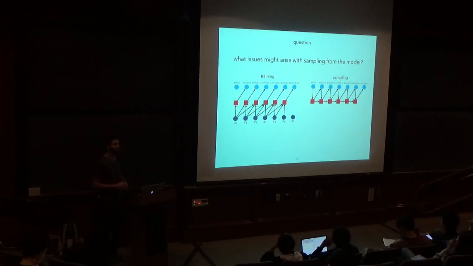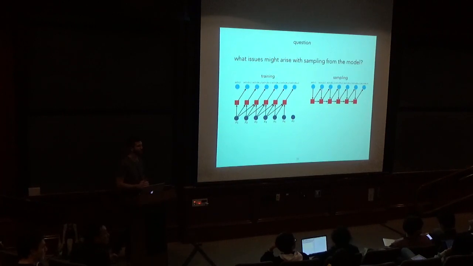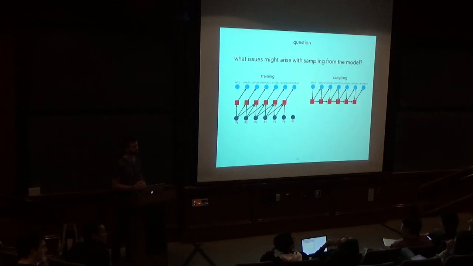What would be some issues we might run into? Yes? Because the distribution of your outputs, like of the sampling, and the inputs during training might not be the same, and so your model might be really good at predicting the output given ground truth, but it's not good at predicting good outputs given its own outputs.